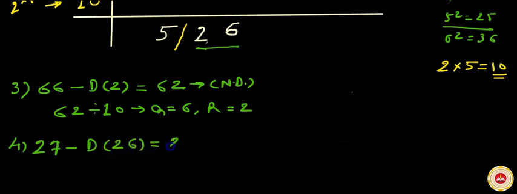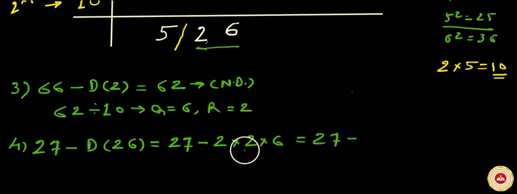How to calculate the duplex of two digits? 2 times the product of these two digits, 2 multiplied by 6, which is equal to 27 minus 2 6s are 12, 12 2s are 24, which is equal to 3.